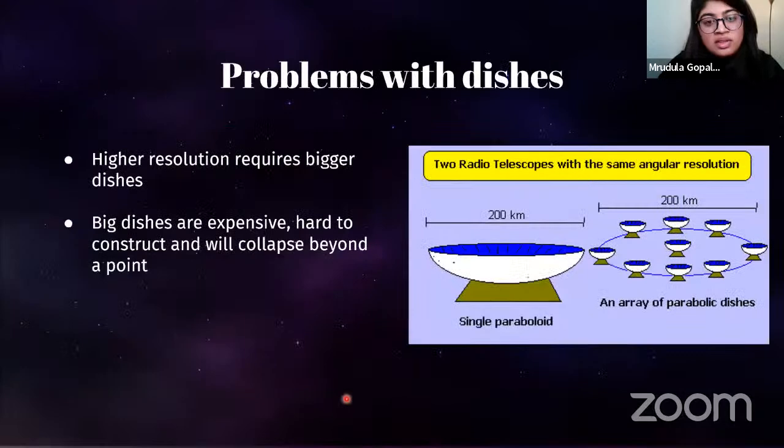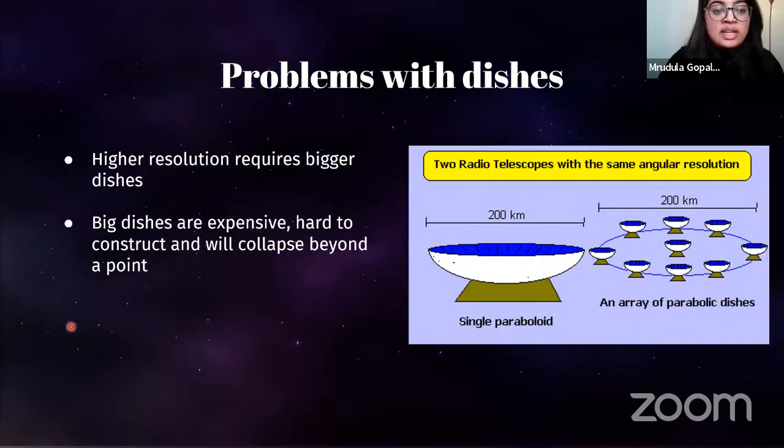So now I also want to go over problems with the dishes. With single dish telescopes, there is a limit to how big you can build one, because after a point, it will collapse on itself. Literally, it will collapse on itself because of the weight.